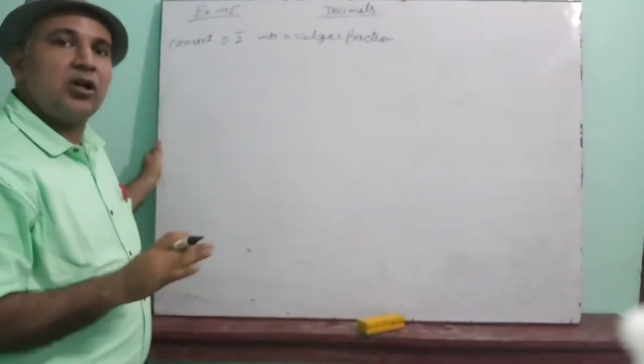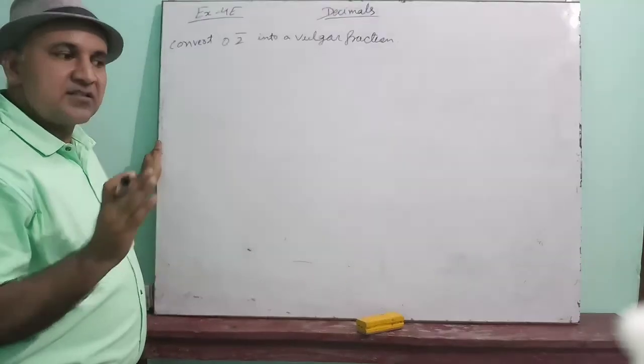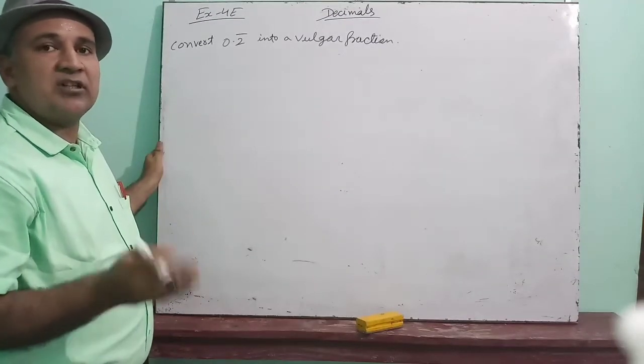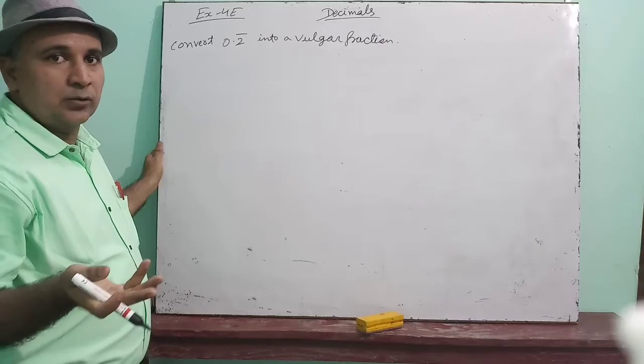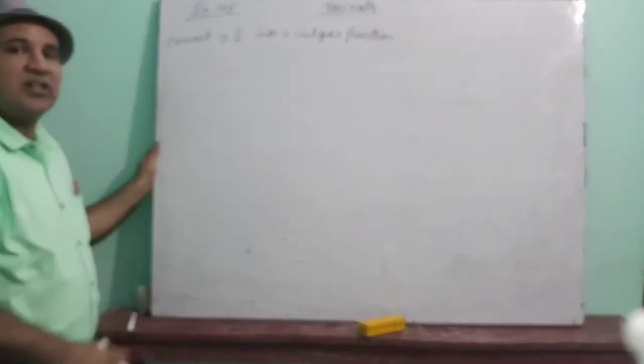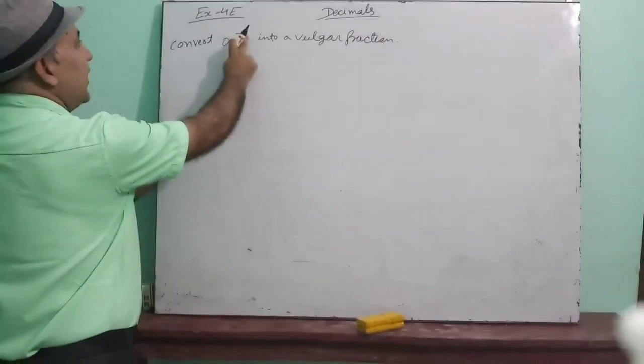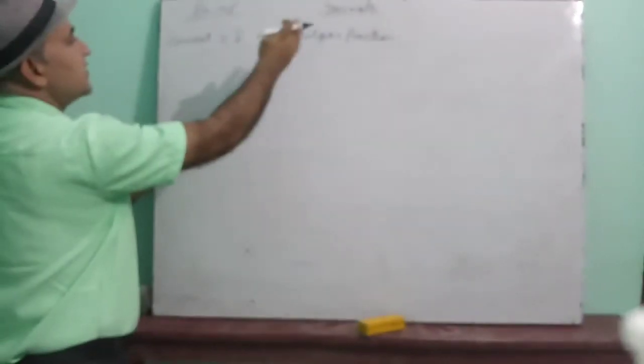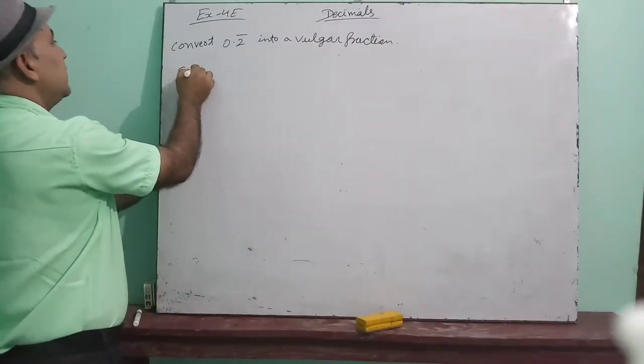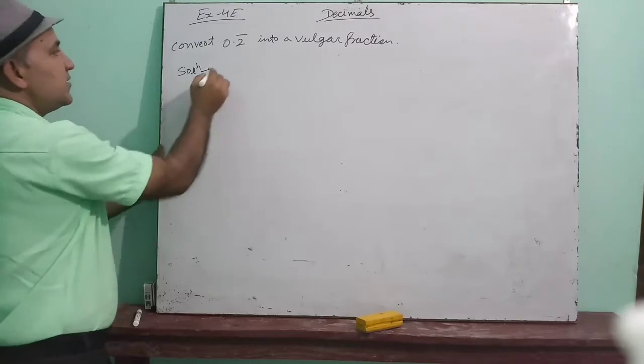Vulgar fraction means a fraction whose denominator is not a power of 10. Means denominator should not be 10, 100, 1000, 10,000 and so on. Those types of fractions are called vulgar fractions. And this bar means after decimal 2 is repeating again and again. See how to solve this.